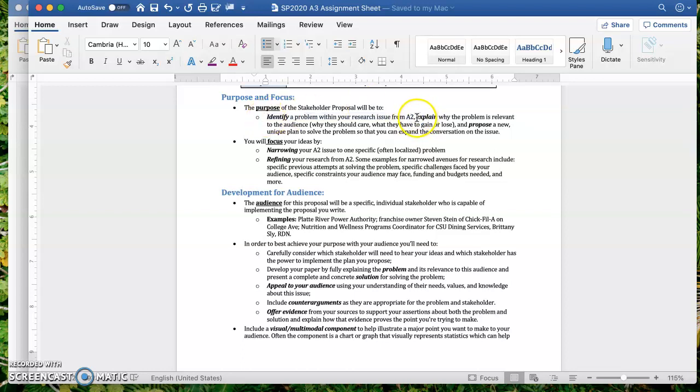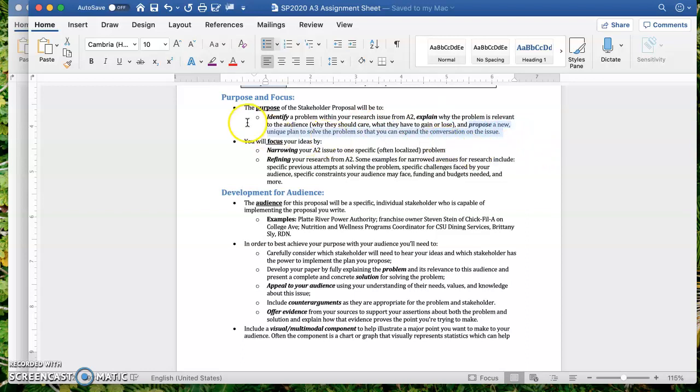And so for your A3, I would like you to not only identify the problem and explain why the audience should care, why this is relevant, basically, again, developing for your audience, persuading your audience. Not only would I like you to identify that problem, I want you to propose a solution to solve this problem.